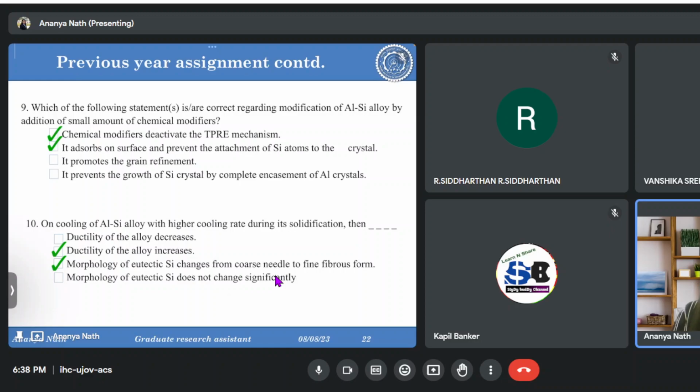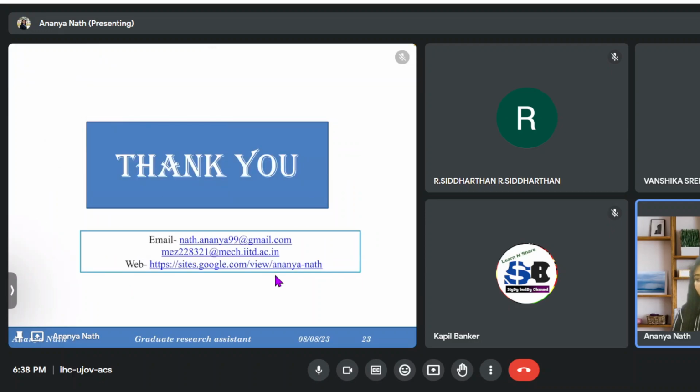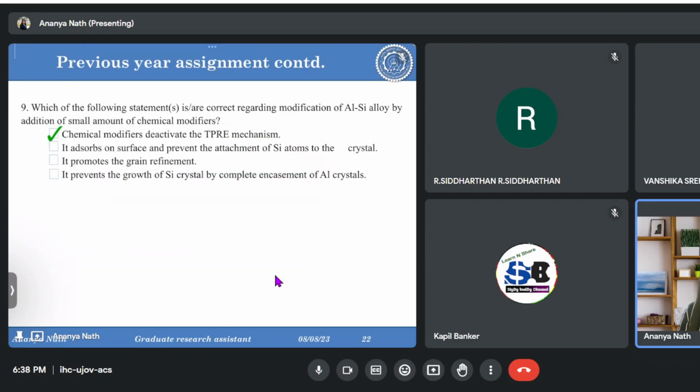So if the cooling rate is very high, it will freeze as it was. So it will not affect the ductility much. It will not decrease the ductility because the aluminium will not get enough time to encase the silicon, but it will not affect the ductility much. Okay, and as you said, morphology of eutectic silicon changes from coarse needle to fine fibrous form. So yeah, this was all about the previous year assignments.